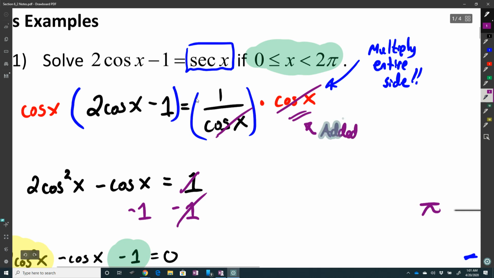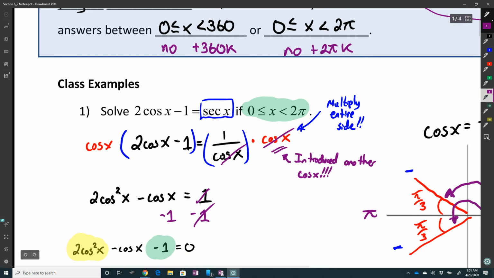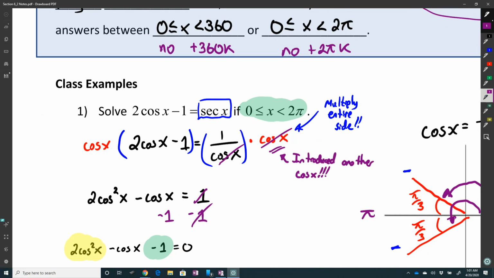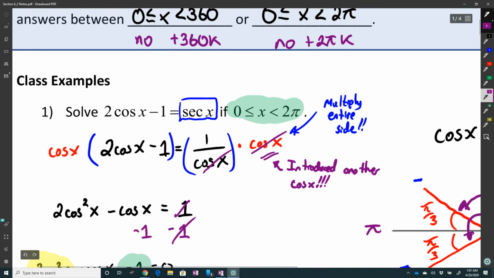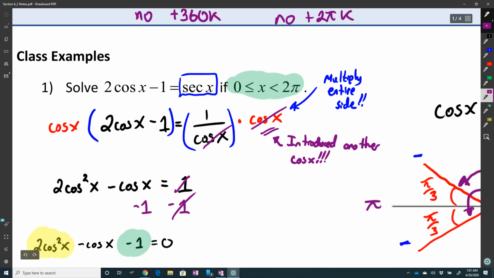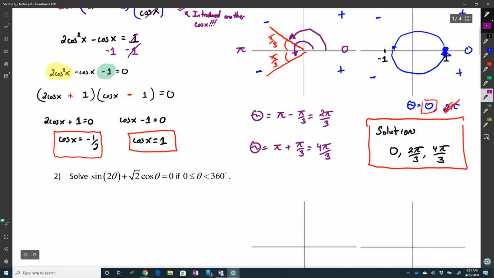Well, not really added, but I would say introduced another cosine. Since I introduced another cosine, then sometimes you'll get what are called extraneous solutions. Answers that work for the equation with the new cosine in it, but don't actually work for the original problem. And so when that happens, you have to basically check your answers.